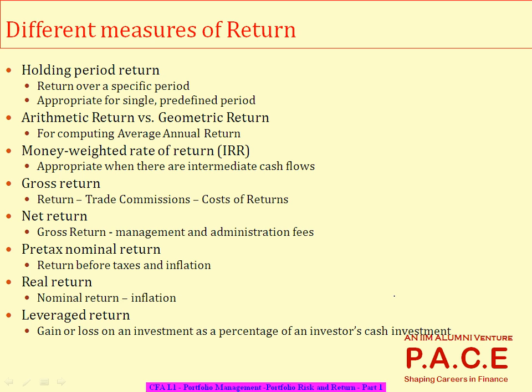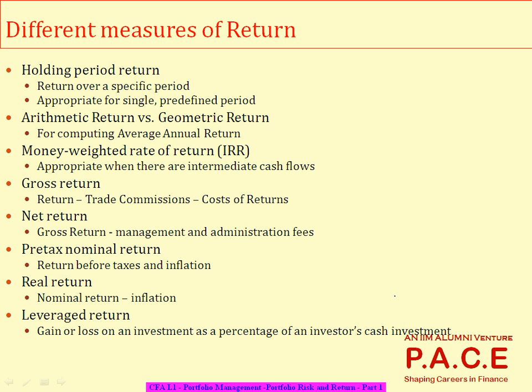If the NAV has gone up from 10 to 12, so the return is 20%. Minus, let's say the brokerage is 1%, 19%. Minus the selling costs are 2%. 17% is the gross return. And out of that 2%, let's say, is the fund management and administration charge, your net return is 15%.